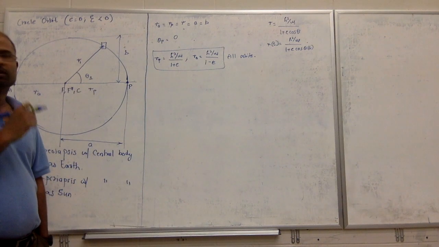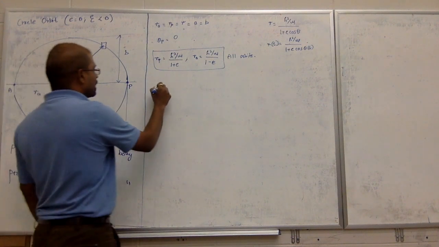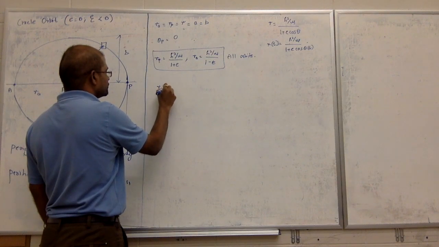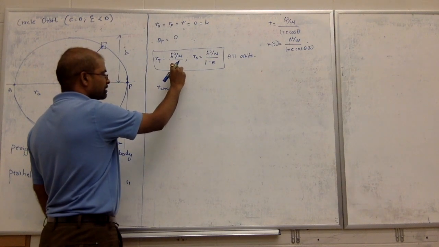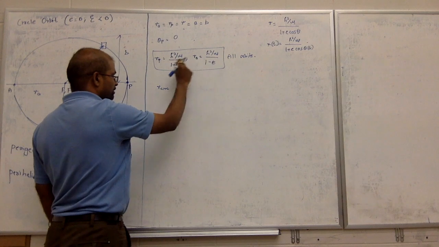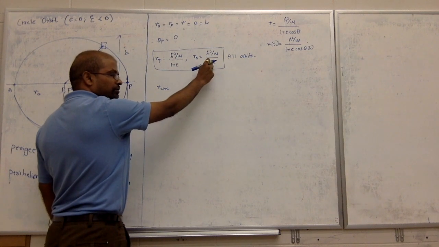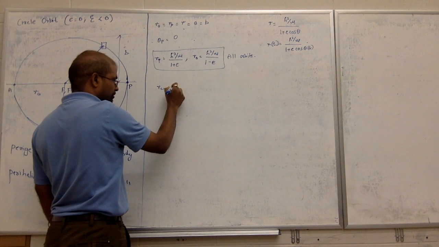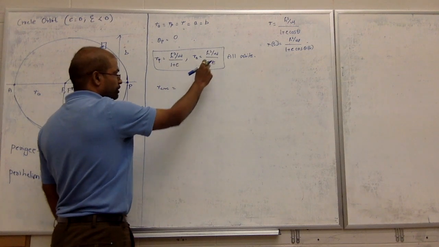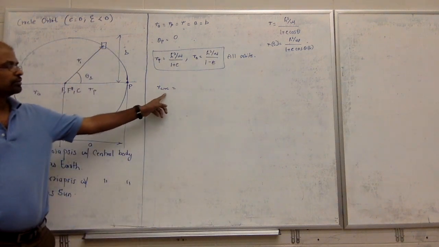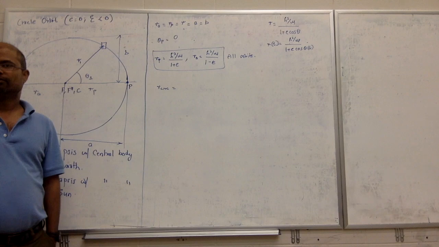Alright? What do we know for our circle? What is this e for our circle? 0. Right?